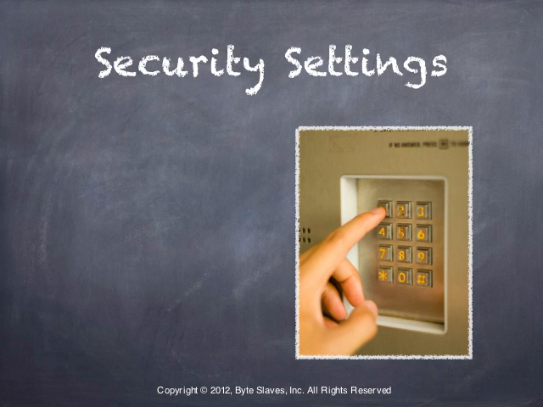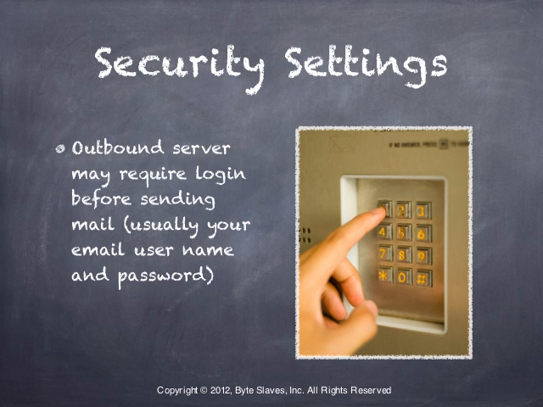Another thing that trips people up when they're setting up their accounts is the security settings. Your outbound server typically requires that you log in before you can send mail. This is a spam protection thing. Otherwise, somebody can just simply say, hey, I'm Sven Mogilgaard, and I'm going to send out email using his server, sven@byteslaves.com.